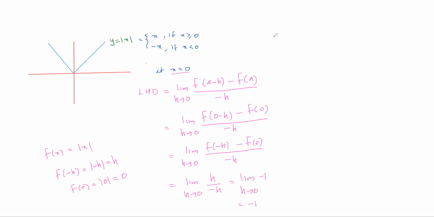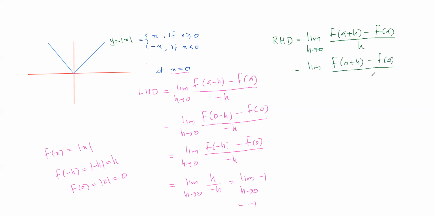Now see the right hand derivative. Right hand derivative is limit of f of a plus h minus f of a divided by h as h goes to 0, which is equal to limit of f of 0 plus h minus f of 0 divided by h as h goes to 0.